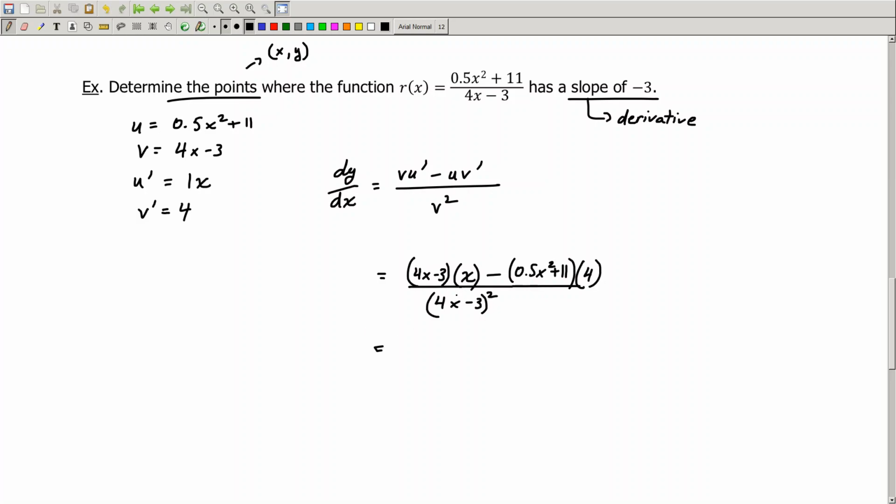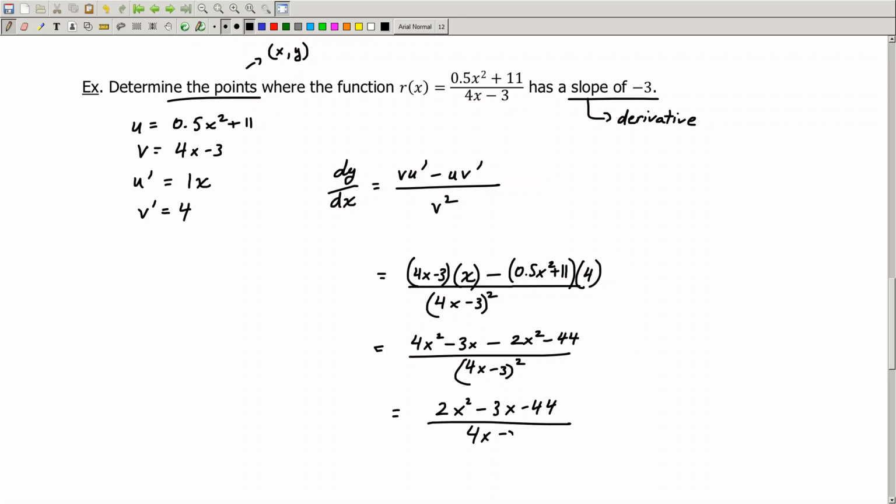Again, I apply distributive property, and I get 4x squared minus 3x minus 2x squared minus 44. And I end up getting, after collecting like terms, 2x squared minus 3x minus 44.